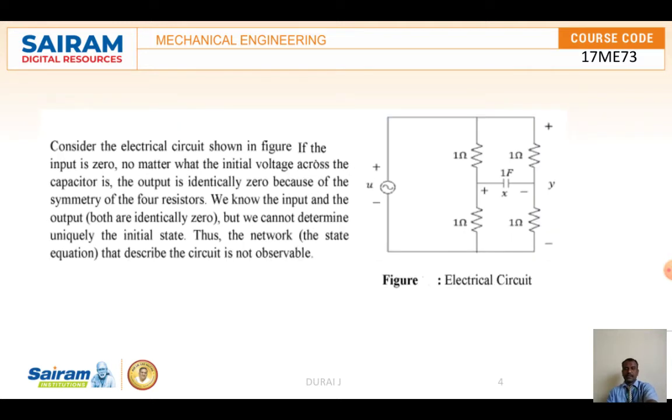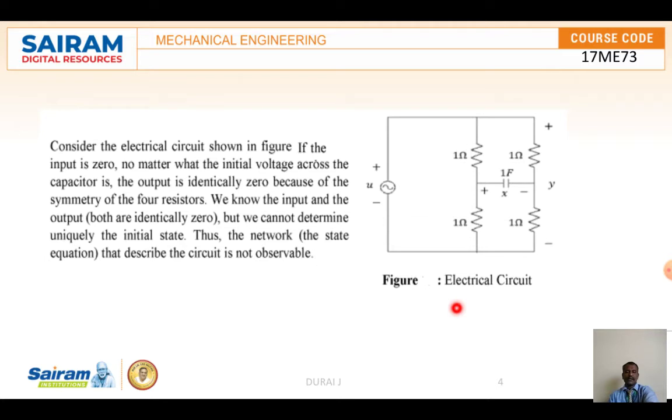Now take this particular circuit, where there are 4 resistors of 1 ohm each, and also one capacitor provided over here. This depends upon the circuit. Actually the input is 0, so it does not matter what the initial voltage across the capacitor is.